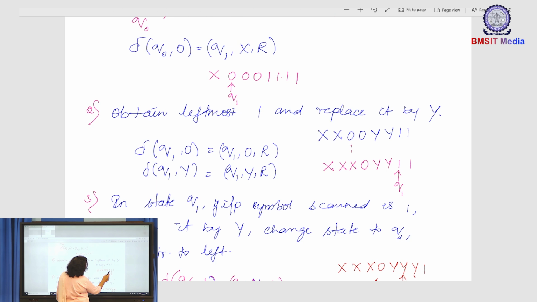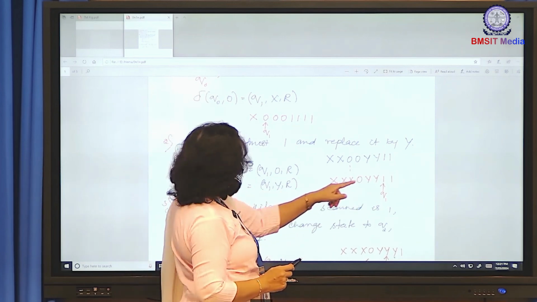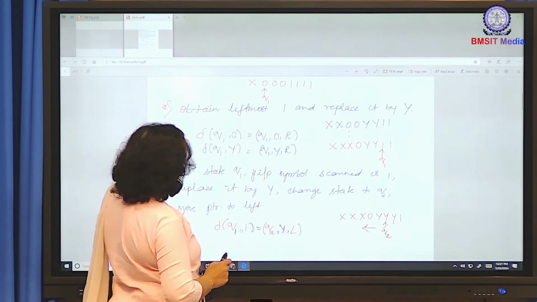Then I have to go find this 1. When I am going, I am still in Q1. I will be seeing zeros and y's. I keep them as they are. Then I am still in Q1. Now I will have to change this 1. So Q1 on 1 I have to write.